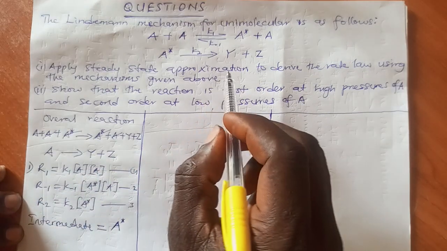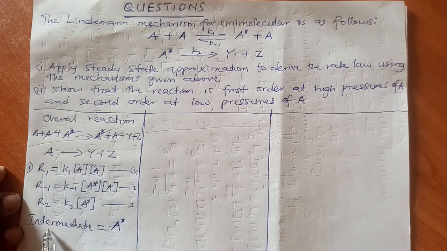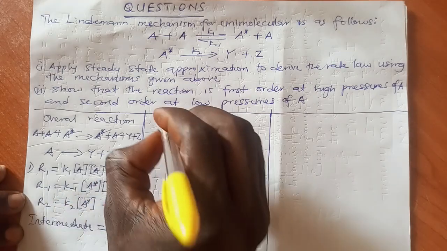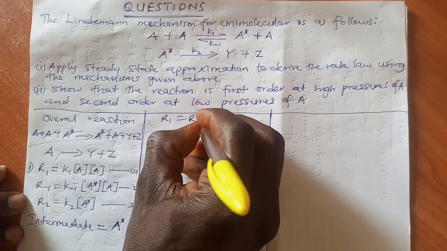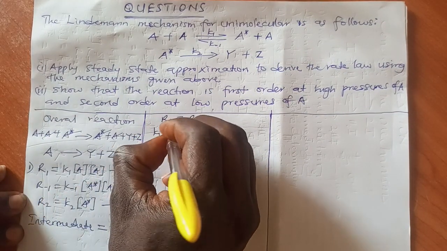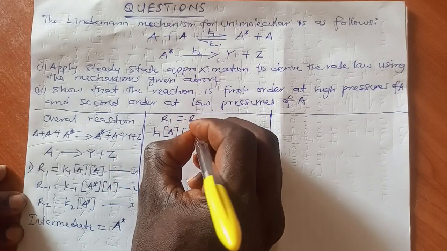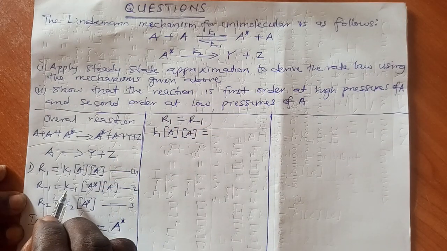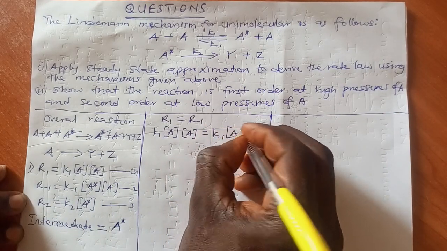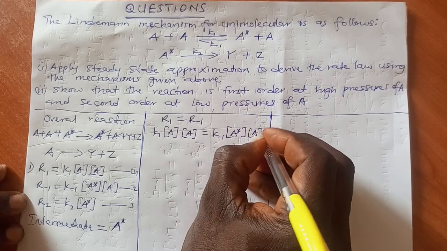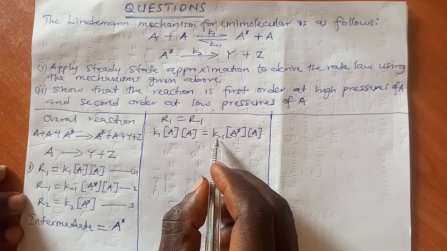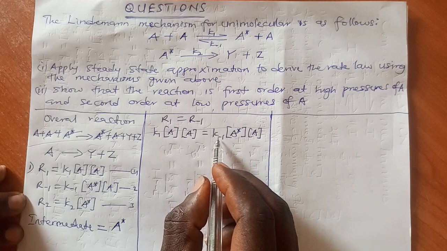Going forward, applying my steady state, I will say let R1 be equal to R minus 1. What is my R1? K1 times the concentration of A is equal to R minus 1, which will be K minus 1, A star, then A. Please, this is not minus 1; for easy talk, I need to use it as a subscript.